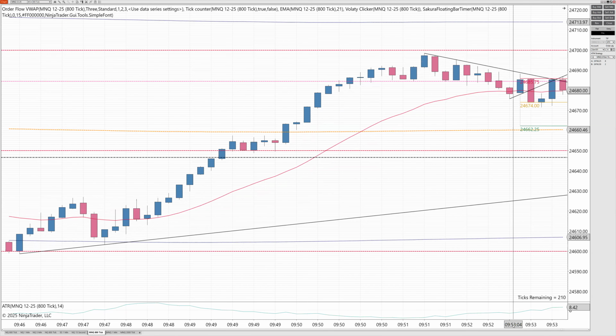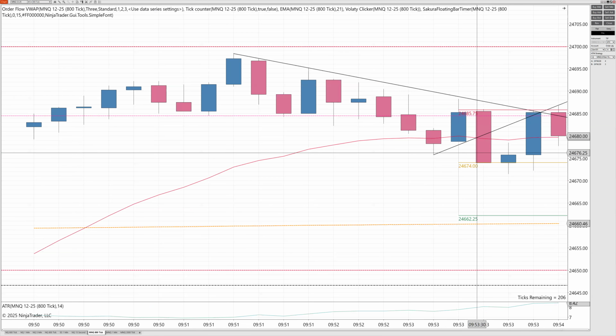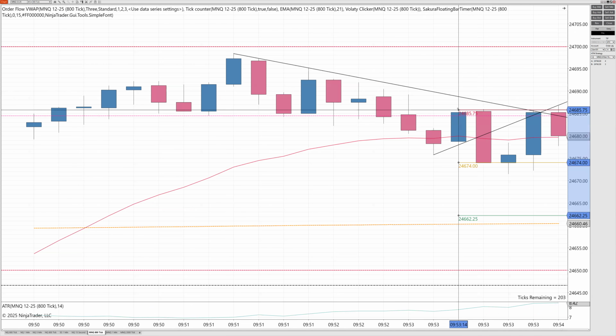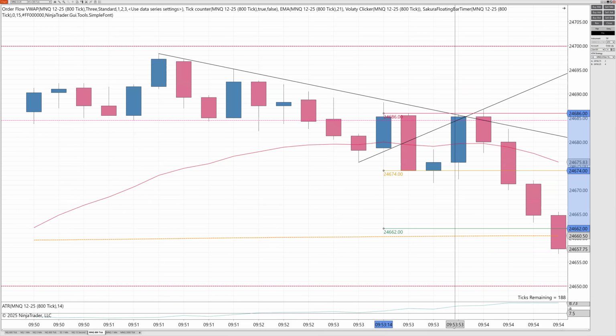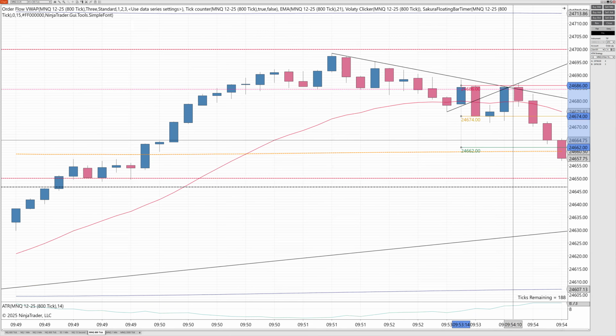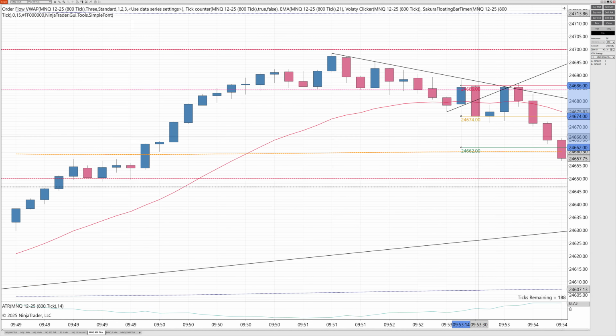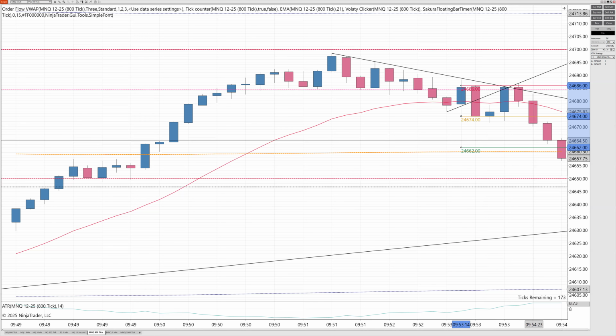And I want to point out that my stop losses are a point and a quarter above where the actual red line is. So this one basically tested my stop loss and it came down and hit it. The reason I have it a point and a quarter away is because sometimes the Nasdaq will retest a stop loss area to the tick and then do exactly what it did here.